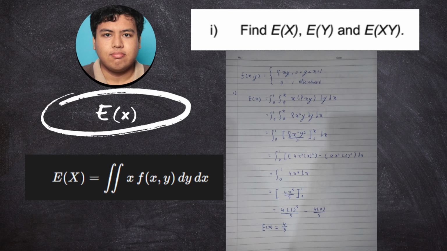We integrate with respect to y first from 0 to x, then with respect to x from 0 to 1, because the region of the joint PDF is defined by 0 less than or equal to y less than or equal to x less than or equal to 1, which means that the range of y is 0 to x and the range of x is 0 to 1. After evaluating the integrals, we find that E(x) is equal to 4 over 5.